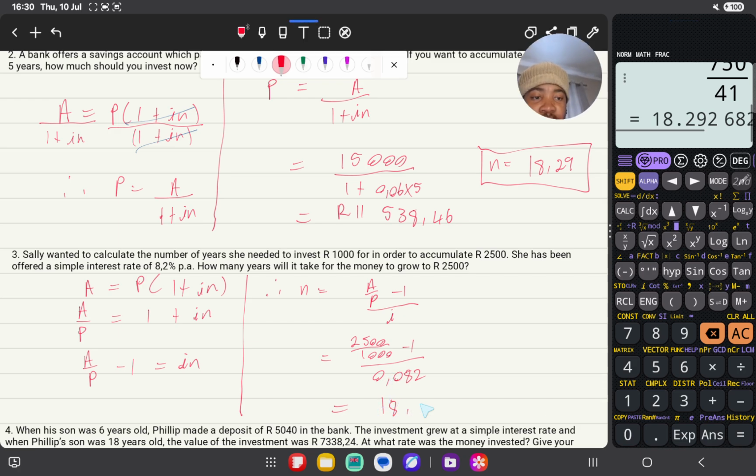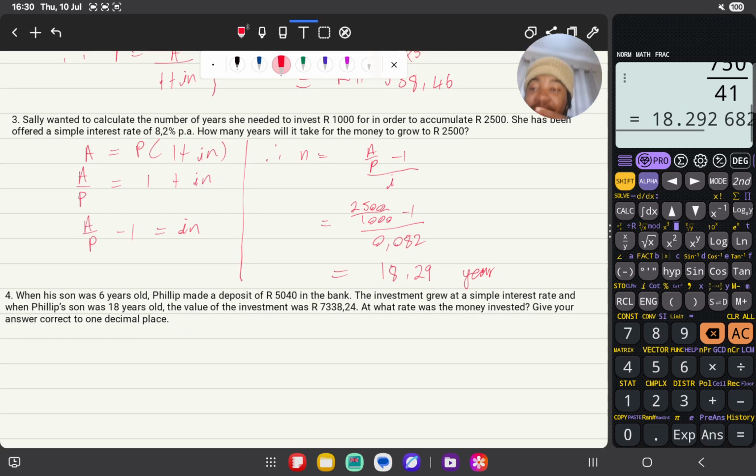I'm still getting 18.29, which is a crazy amount of years. That's a lot of years. Imagine, you have 1,000 rand and you have to wait 18 years.